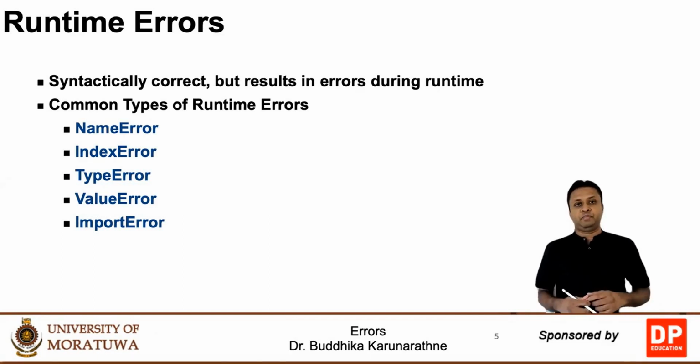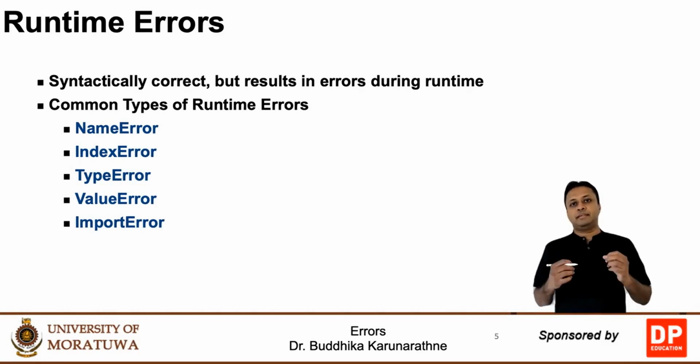That's a problem. Meaning the program will not continue to execute and you will not be able to get the expected task done. There are many types of runtime errors in Python. We will look at some of the common types in the next few slides.